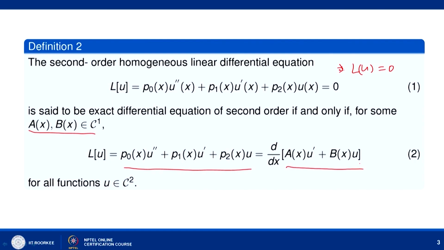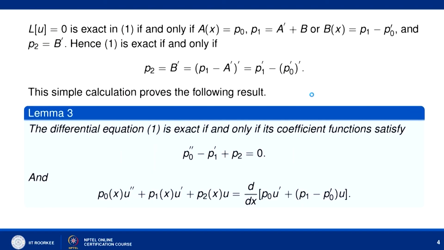So, if we can write the term p naught x u double dash plus p1 x u dash plus p2 x u as the exact derivative of some differentiable form of one less order, that is first order, 2 minus 1, then we say that this equation Lu equal to 0 is an exact differential equation. So, we can say that Lu equal to 0 is exact if and only if we have this relation.